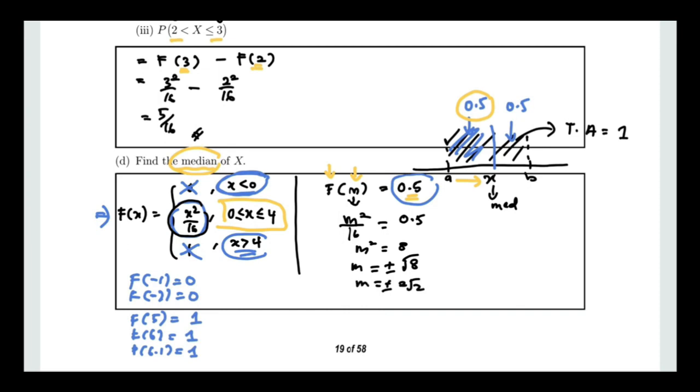Now we have two possibilities of m, either positive 2 root 2 or negative 2 root 2. Since m should be between 0 and 4, the acceptable m here is positive 2 root 2. The negative 2 root 2 should be rejected because it's out of the range.